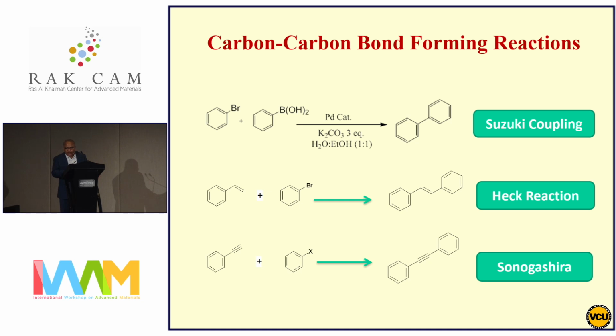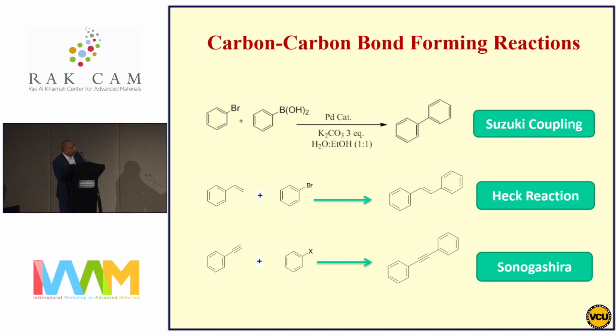Carbon-carbon bond forming reactions, there are several types, usually known as cross-coupling reactions. For example, if the coupling between two aromatic or two ring systems is done through a single bond, that's called Suzuki coupling.